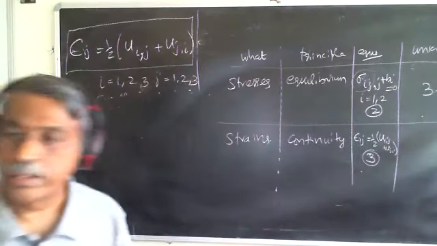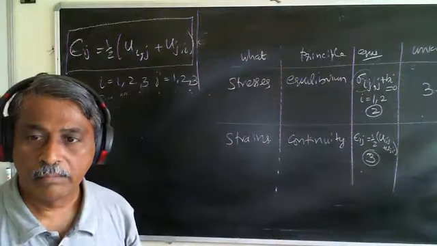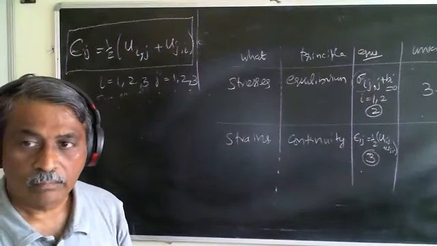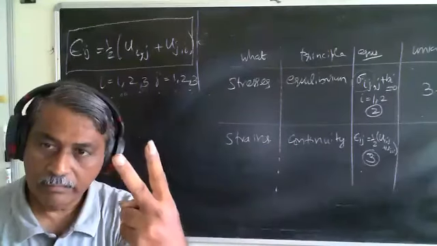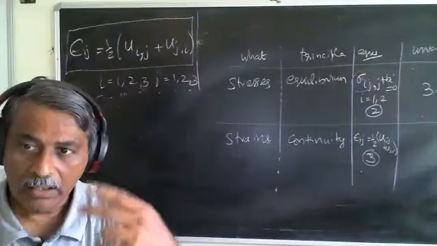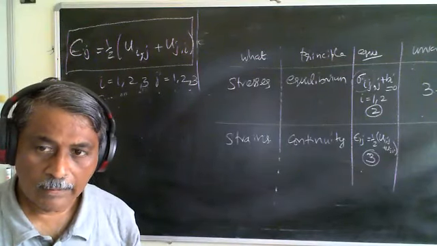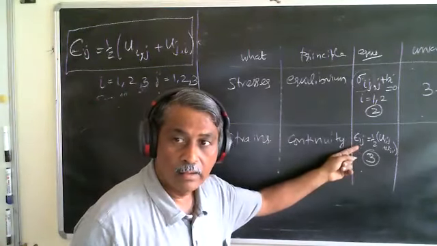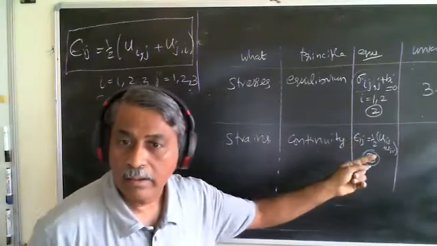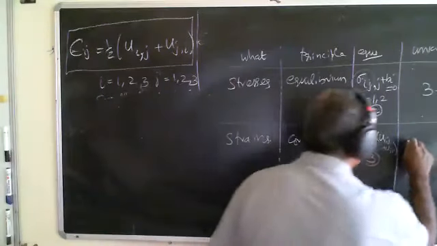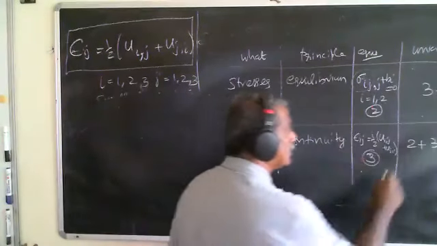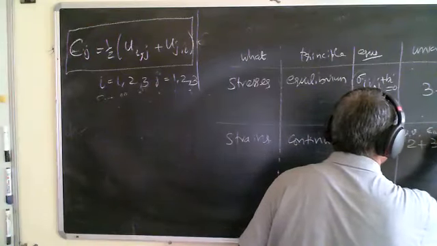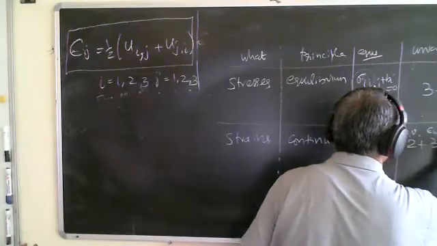And how many unknown quantities do we have now? 2 displacements and 3 strains. So 2 plus 3. Correct? This is displacements u comma v, and this is epsilon 1 1, epsilon 2 2, and gamma 1 2.